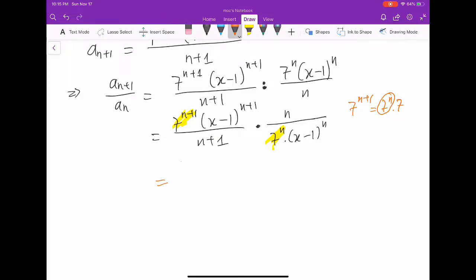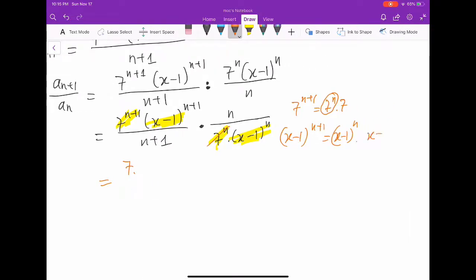On the top, I still have 7 because I already canceled 7 to the n. Again, another one is x minus 1 to n plus 1, and here I have x minus 1 to n. I do the same thing: x minus 1 to n plus 1 equals x minus 1 to the n times x minus 1.